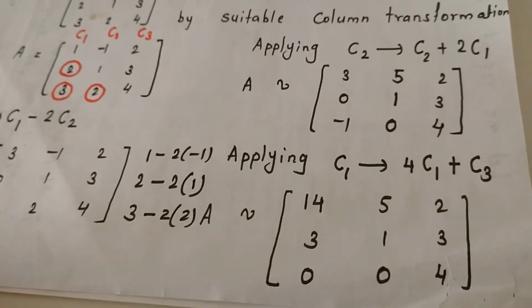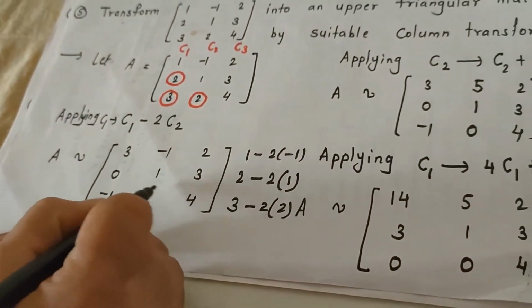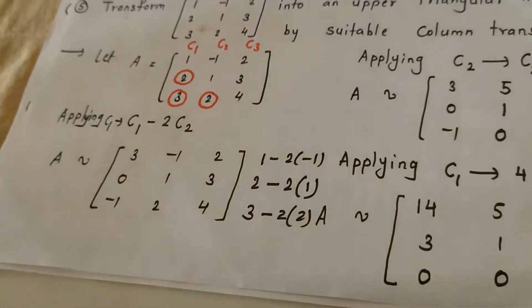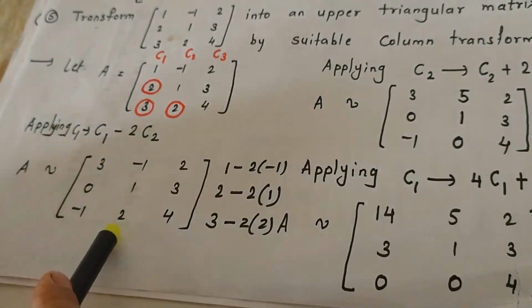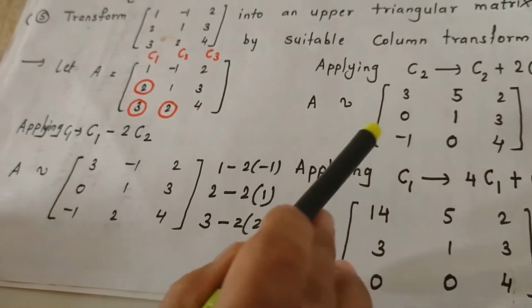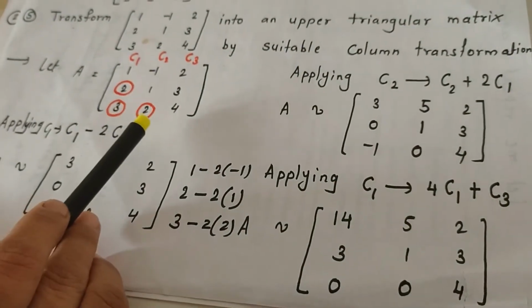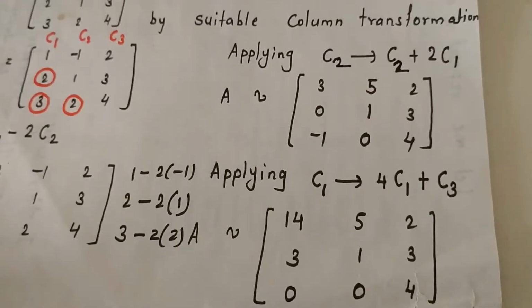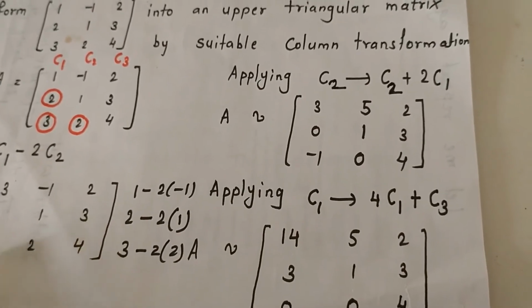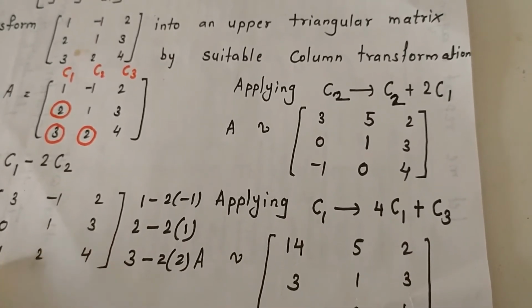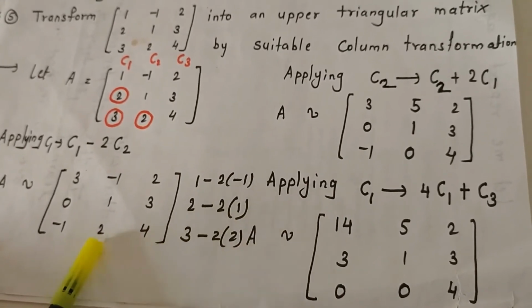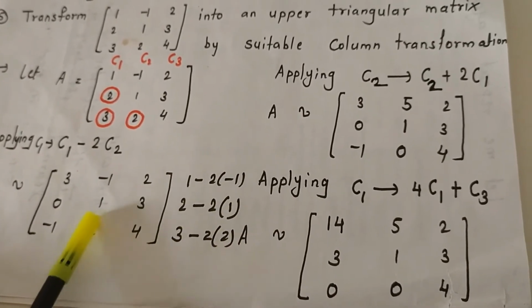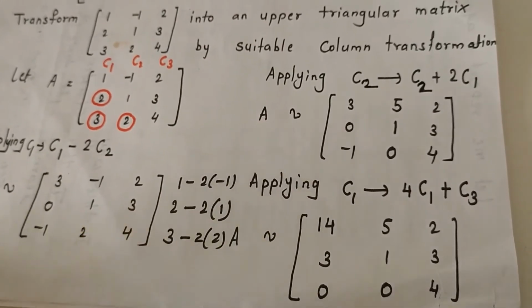Now we have to convert the next element, 2, into 0. So for this we have to apply the transformation. Multiplying minus 1 by 2 and adding to 2, we get this element as 0.